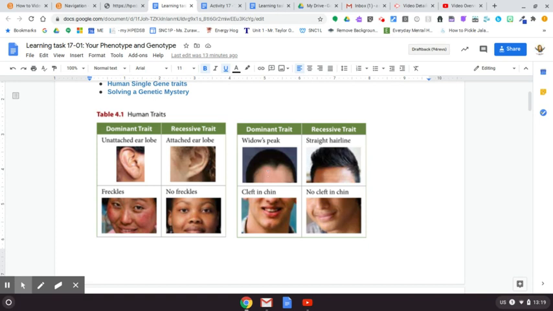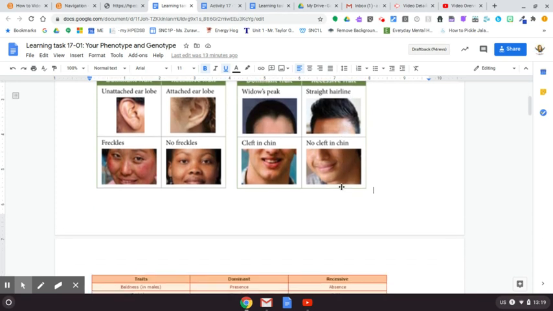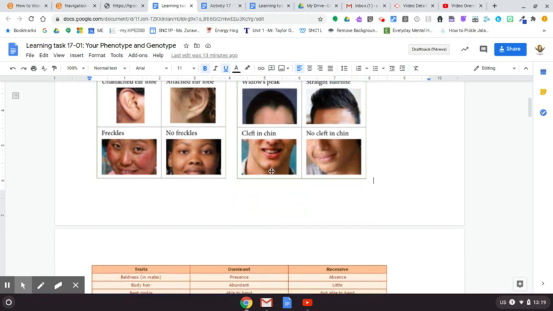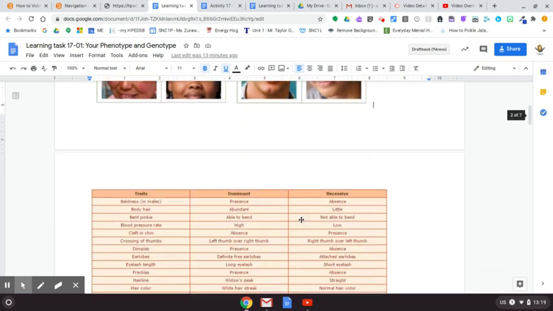So that can happen two ways. Either mom gave it to me or dad did. And then we look at a straight hairline. We know that this is recessive. So it has to be two little w's. If you have a cleft in your chin, that was the other example that we just went through, you're either big C, big C, or big C, little c. In order to have no cleft, you have to be little c.